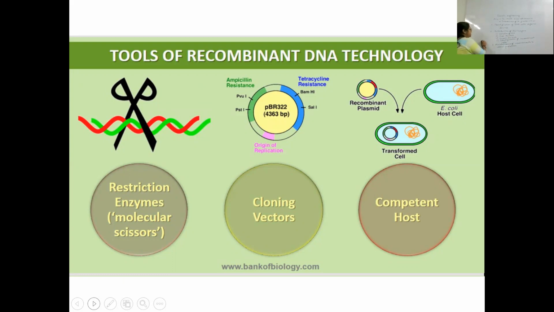They are required to cut the DNA into pieces. When I am cutting the DNA into pieces, I need a scissor that can cut DNA. So what are the characteristics required for these?